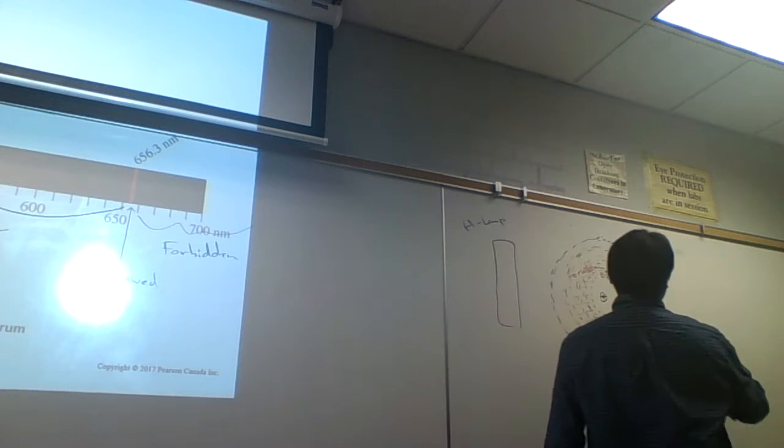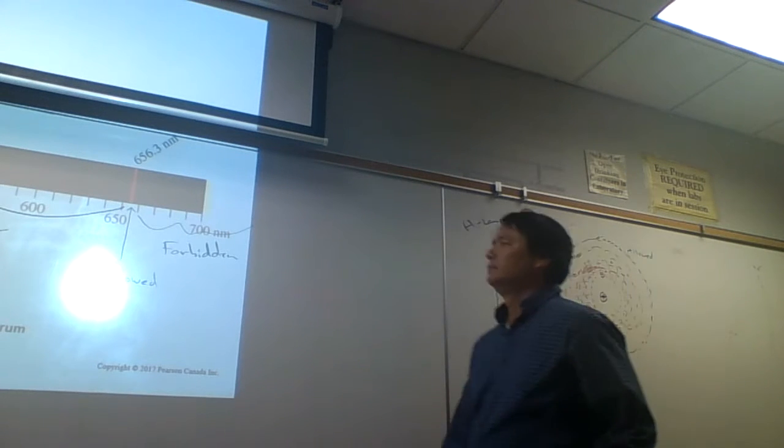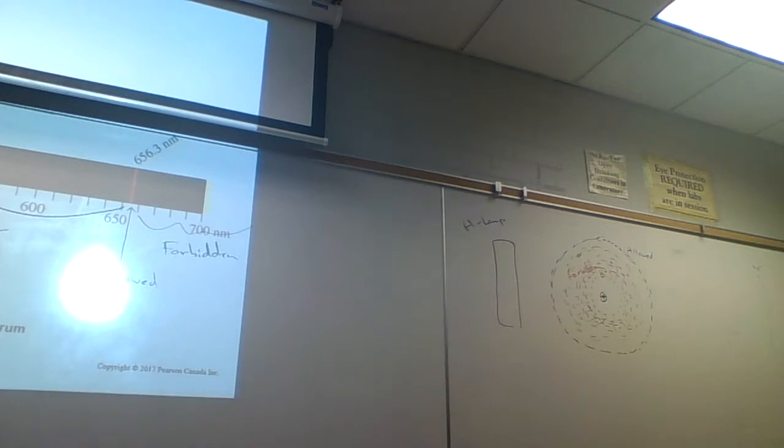And so there's a huge range of energies that are all forbidden. And then all of a sudden we have an allowed energy here. There's just one specific energy here that's allowed.